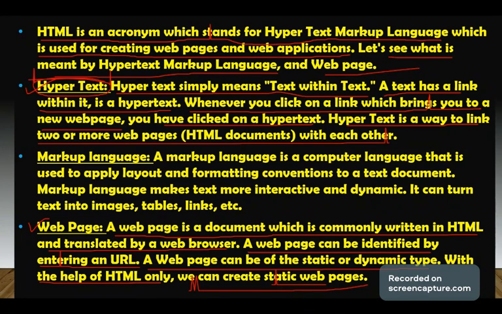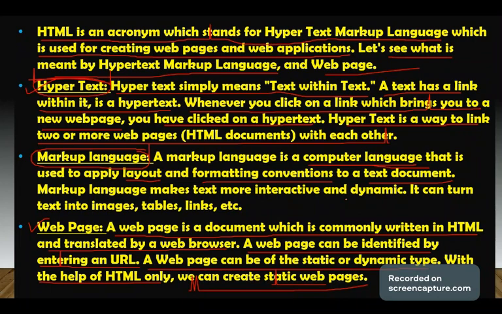Now we are coming to the next topic, which is the markup language. A markup language is a computer language, which is a very important thing you need to observe. It is a computer language that is used to apply layout and formatting conventions to a text document. What does it mean?